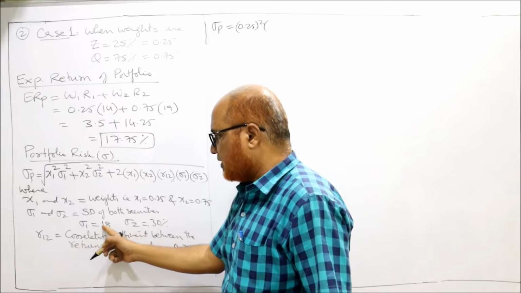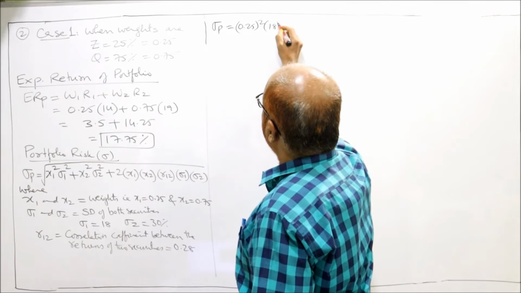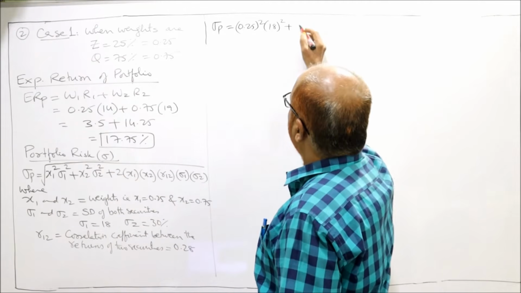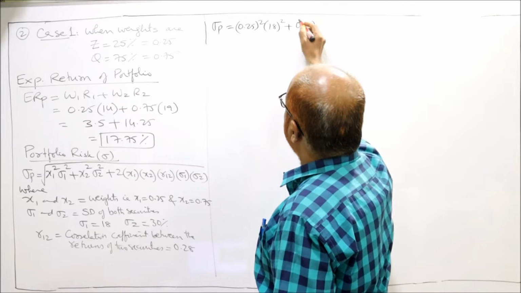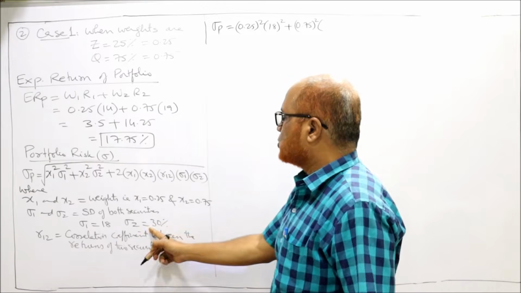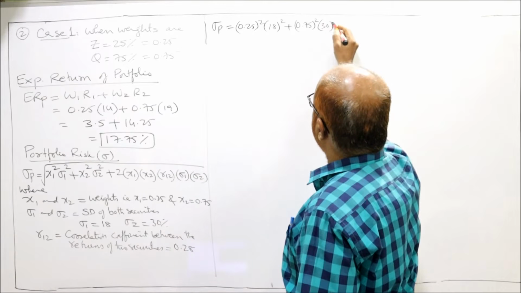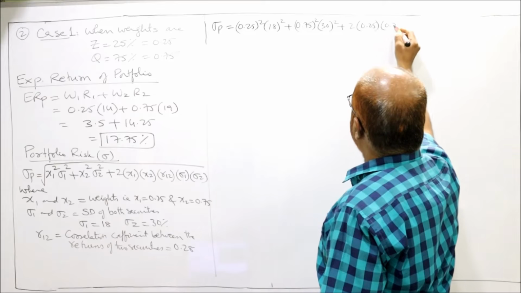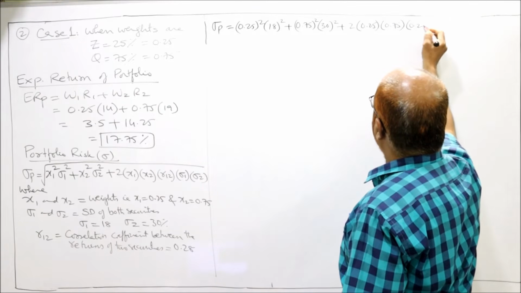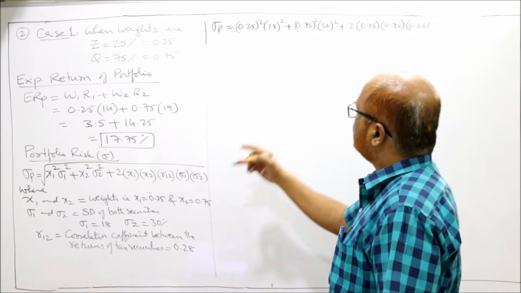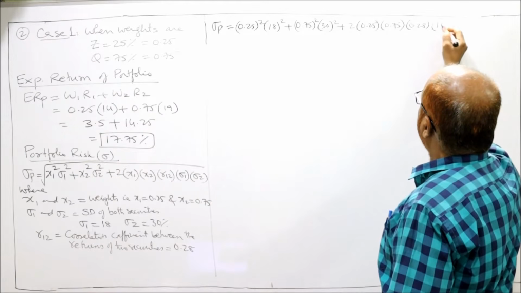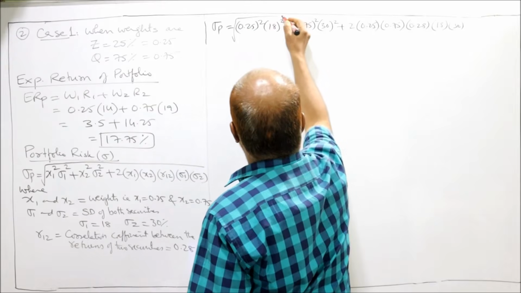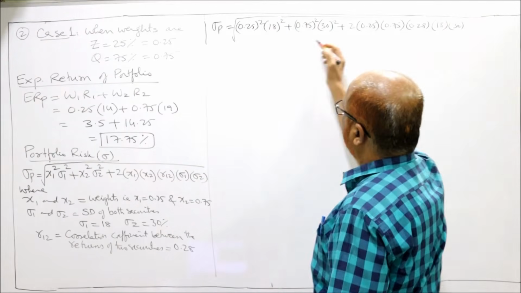How much is the sigma 1? 18. 18 square plus x2 square, 0.75 square, into sigma 2 square, 30 square, plus 2 into x1 into x2 into r12, 0.28, into sigma 1 into sigma 2, under root. I have substituted all the values in the formula.